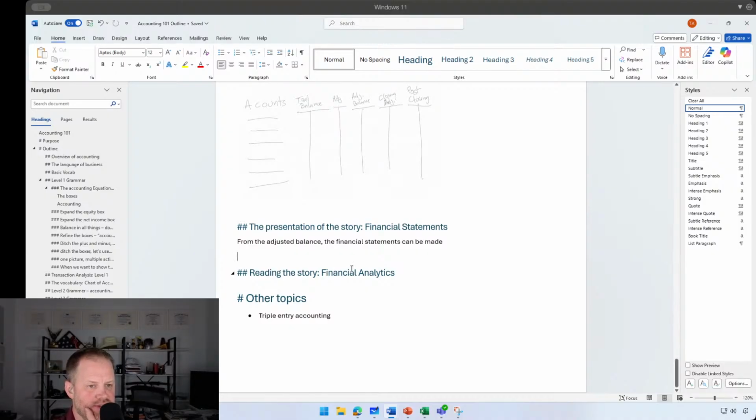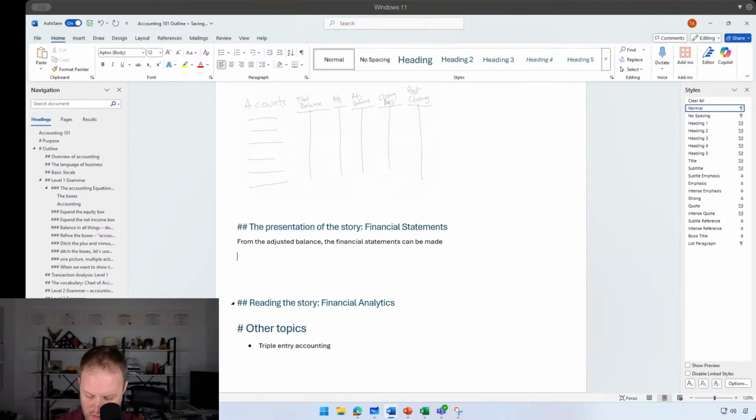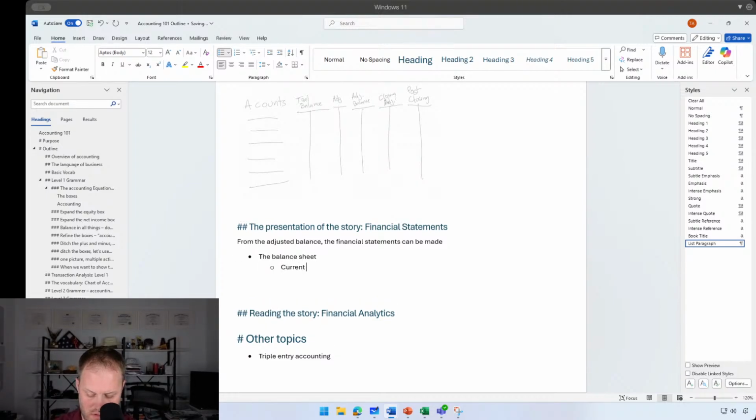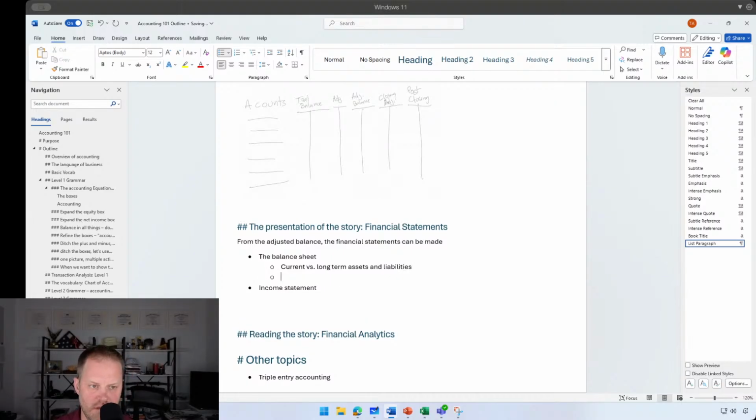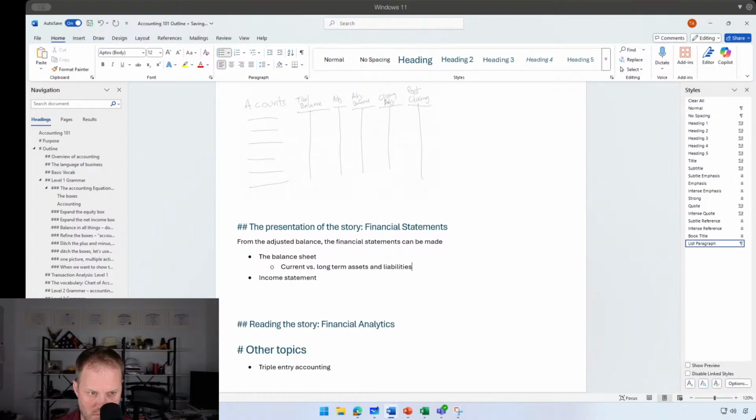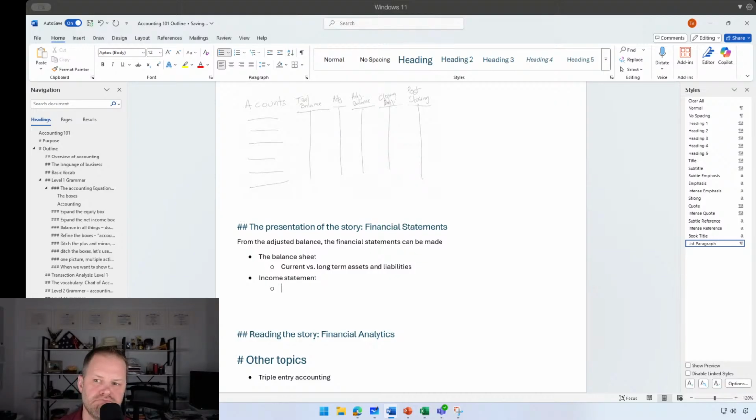the financial statements. So this is, let's break down balance sheet, current versus long term, income statement, and then, yeah, I think, well.